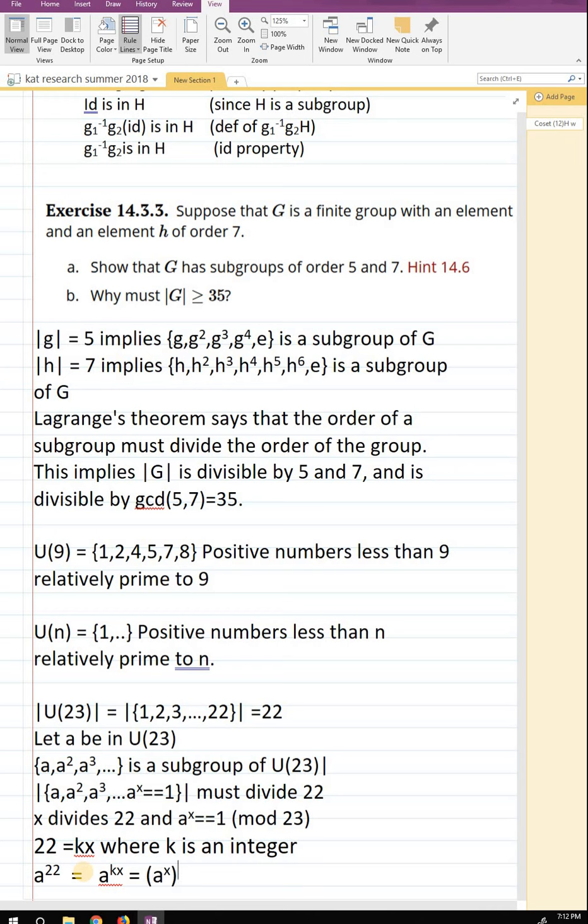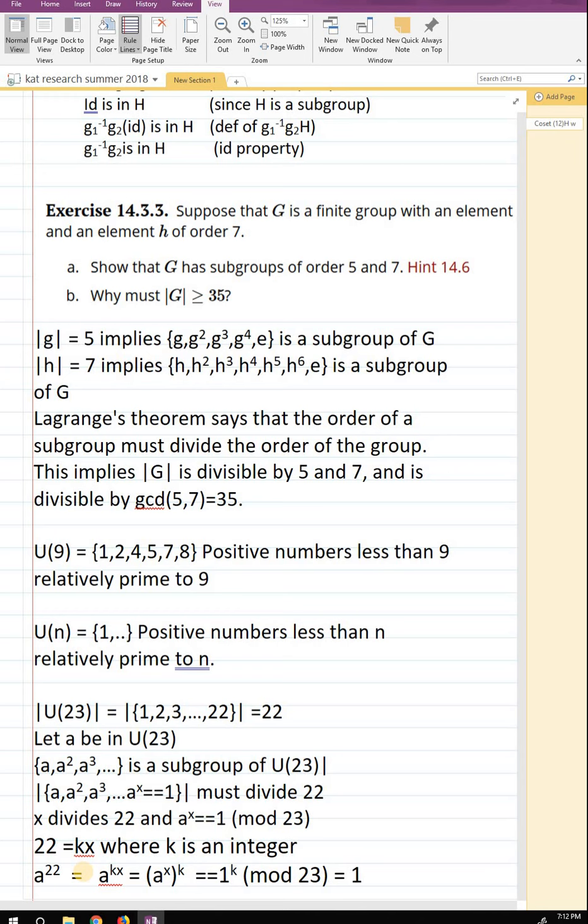We've already said that a to the x is congruent to 1 mod 23. So this is congruent to 1 to the k, mod 23, and that's equal to 1, since 1 to the power of anything is still 1.